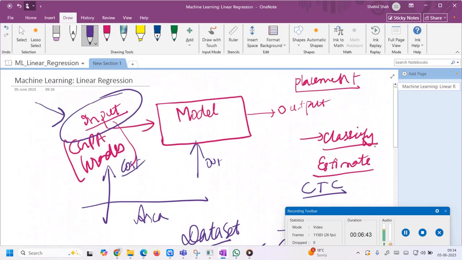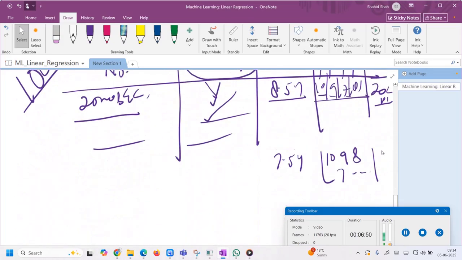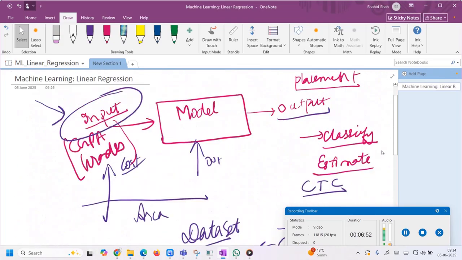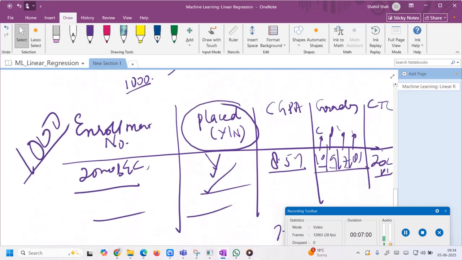Then we will let the machine learning algorithm tell us whether the student can get placed or not. Similarly, we will feed the same data and ask the machine learning algorithm, if he or she will be placed, what is the expected CTC the student can get.